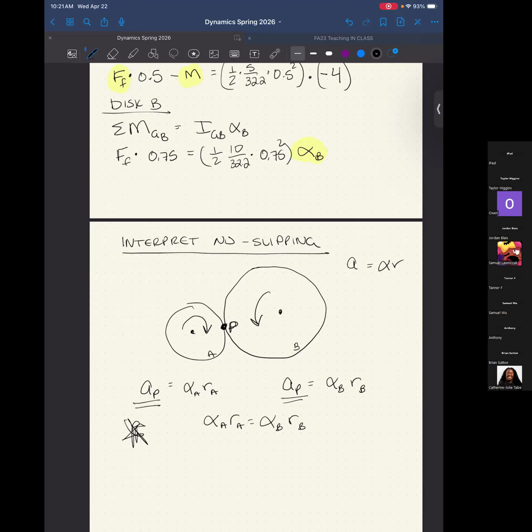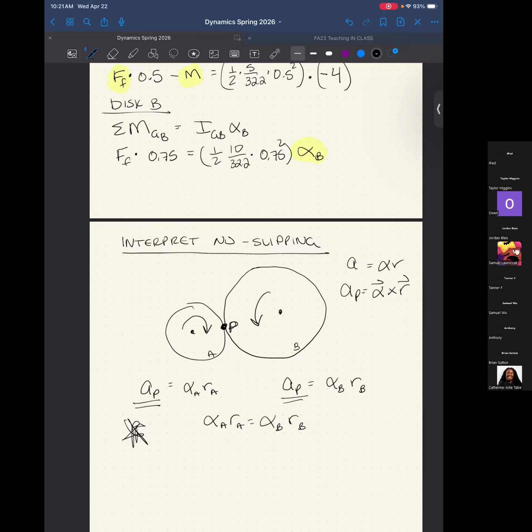Otherwise, if you don't want to worry about the directions separately, we could have used the vector version of this, which was AP equals alpha cross r. And the fact that the r's would be in opposite directions would take care of that fact for us. But again, we'd have to choose a tilted coordinate system.